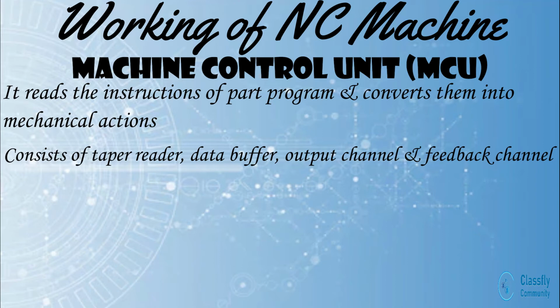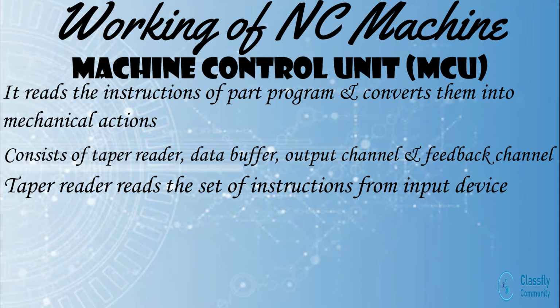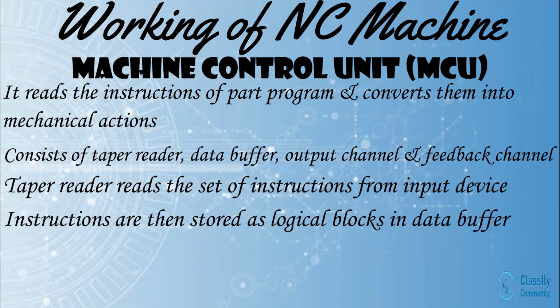So, how does this work? Well, initially the set of instructions from the input device are read by the tape reader. It is then stored in the data buffer in the form of logical instructions. These instructions are stored in separate blocks with a particular sequence for performing the operations.